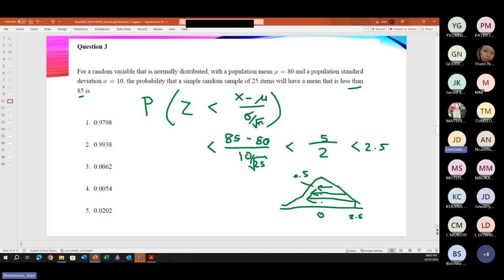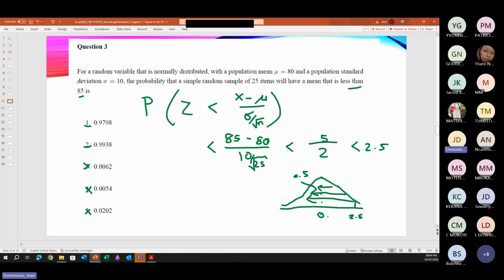Because that portion is 0.5, we will add another portion, so it will be bigger than 0.5. So let's quickly check, bigger than 0.5, yes, bigger than 0.5, yes. That's smaller, that's smaller, that's smaller. Okay, cool. So actually we're eliminating 3 of the options.